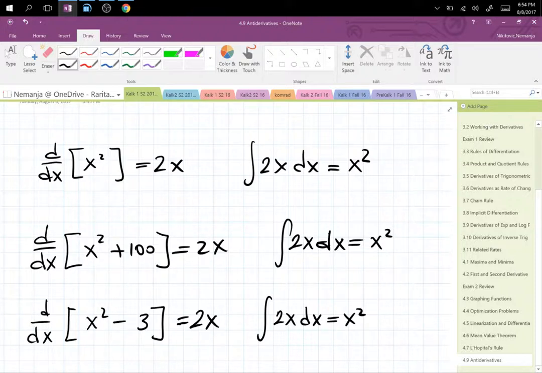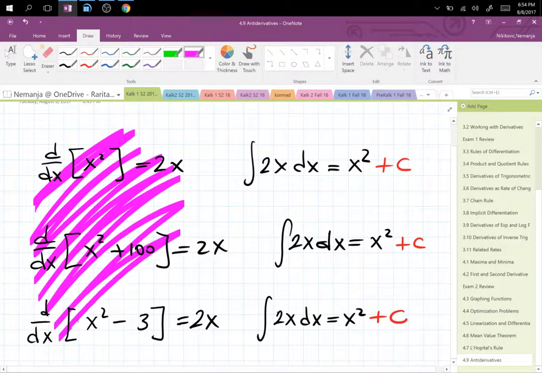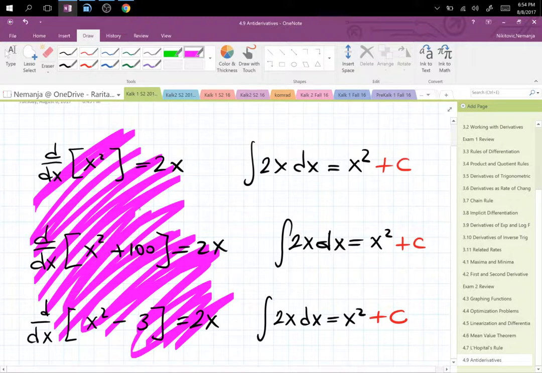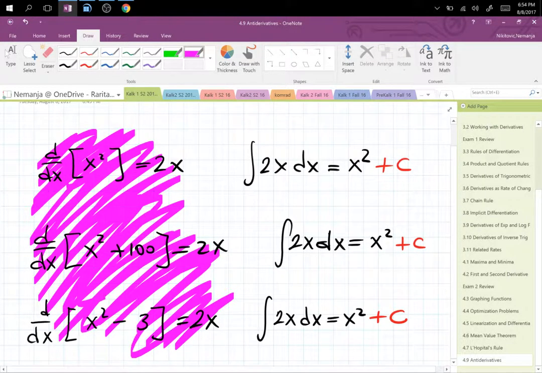So how do we fix this problem? We put plus c on each one of these. If you are not provided with an initial condition, the only thing that remains behind is the integral on the right-hand side.